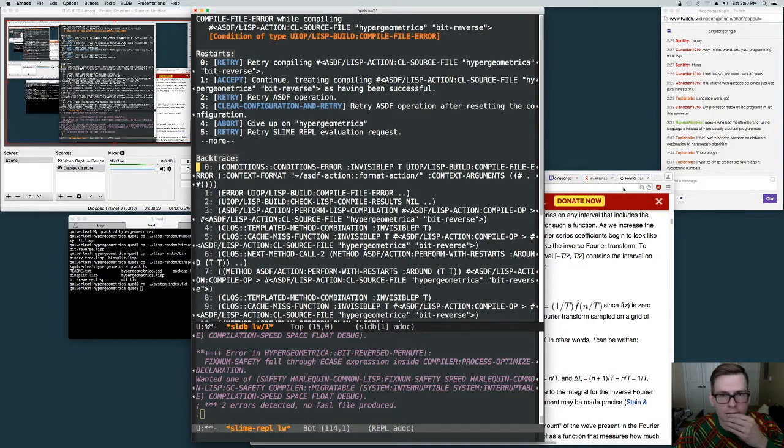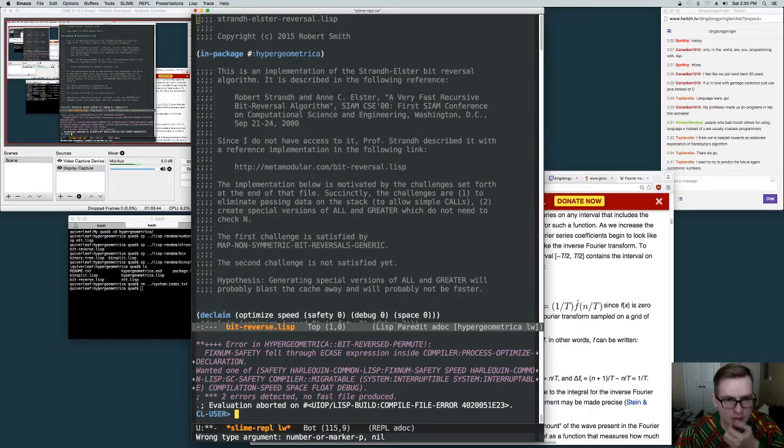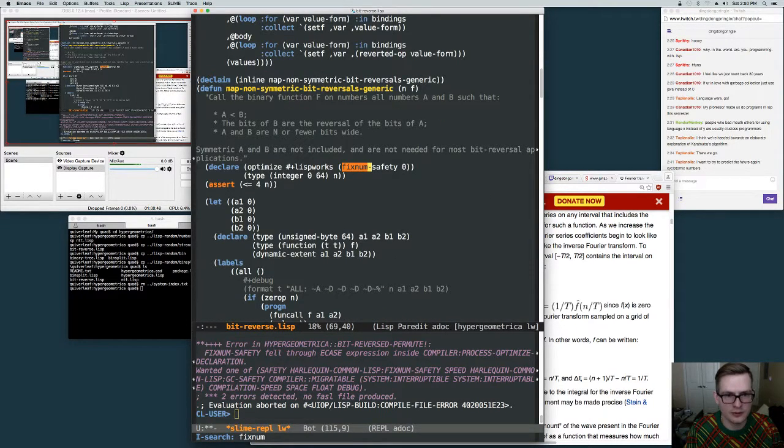All right, what are the errors in bit reversal? Fixed num safety fell through. So let's see, as fixed num safety.